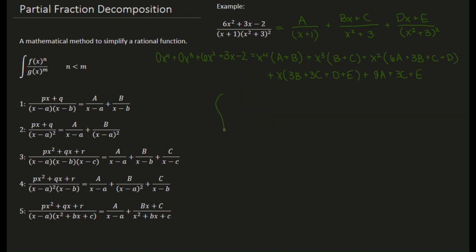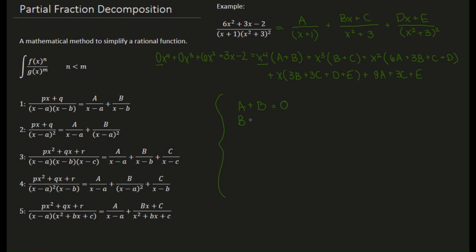So I'm going to create this big, almost piecewise function where parts of this equation are going to be equivalent to their corresponding exponential powers. So a plus b, which corresponds to this x to the fourth, is going to be equivalent to this coefficient in front of this x to the fourth, which is just 0. b plus c equals 0.